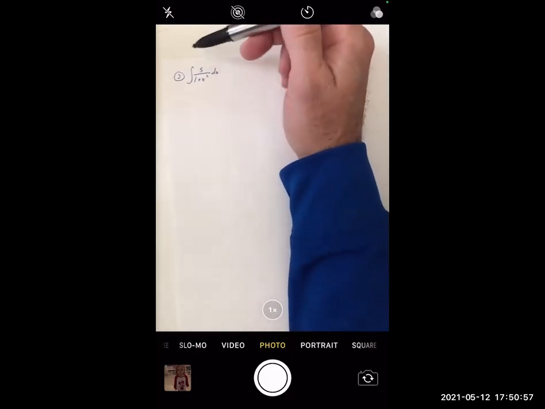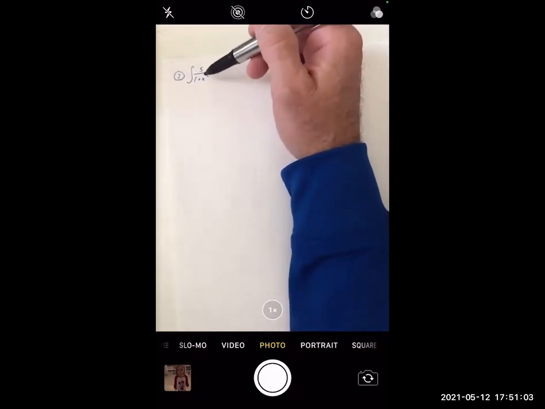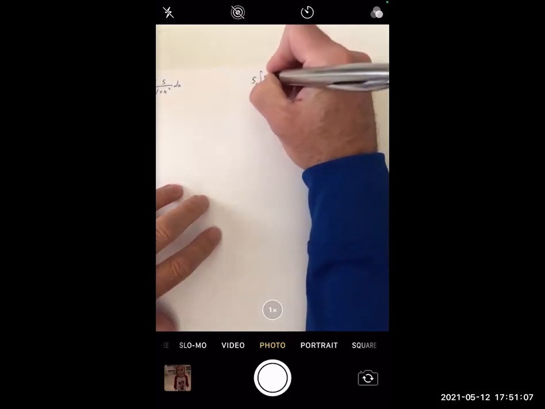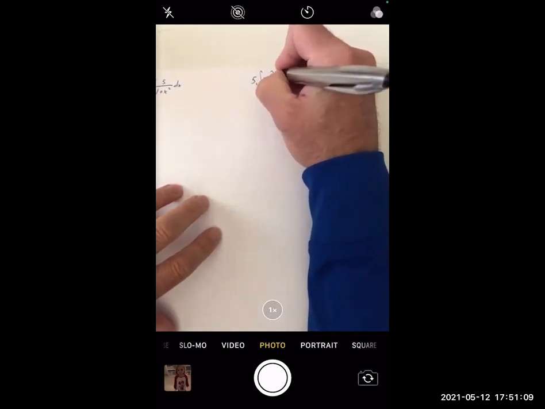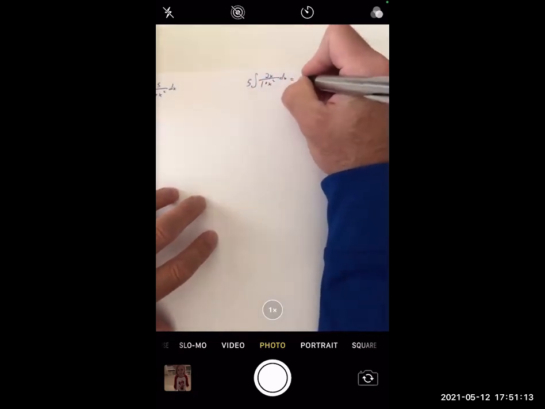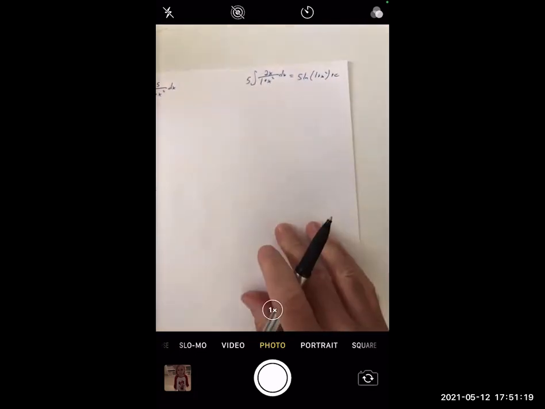So in order to be an ln, the derivative of the denominator has to be the numerator. So if it was, yep, that would give you the 5 ln of the 1 plus x squared plus the c.